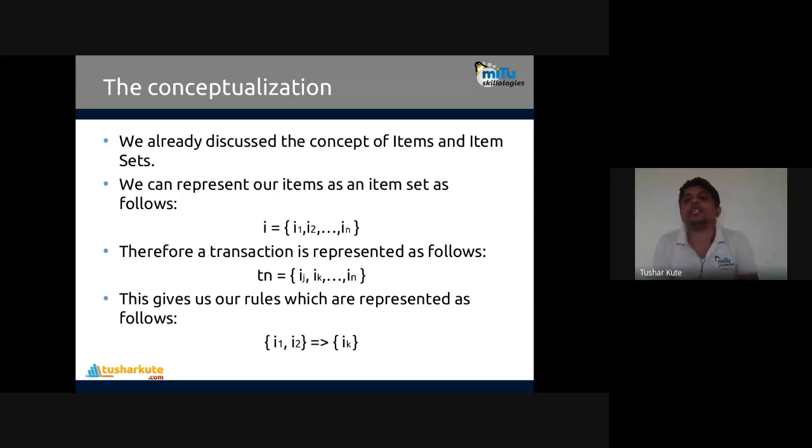I1, I2 are coming together, at that time IK is also coming together. K is a number, maybe item number 10, 12, 13, 14, 18, 20, any item can be present there. This is a rule, and it is represented in set format: if I1, I2, then IK. Now, in this case, I1 and I2 are called antecedents.